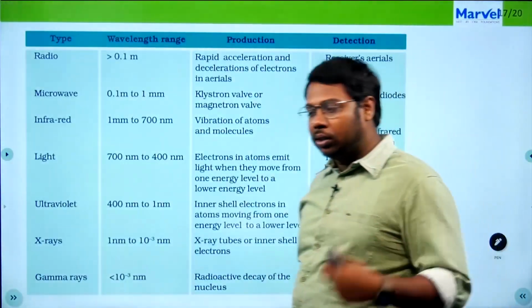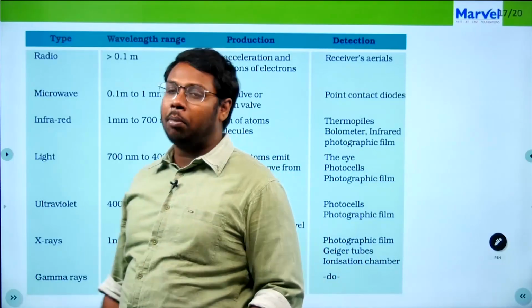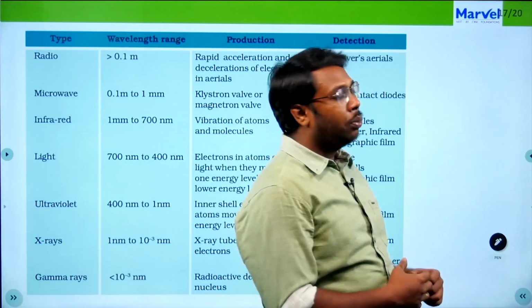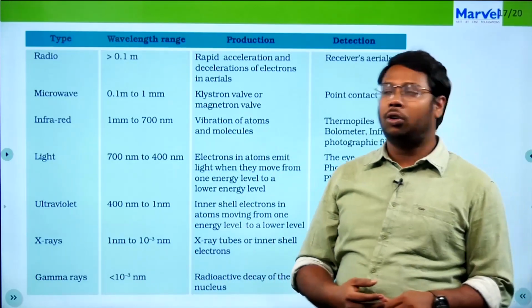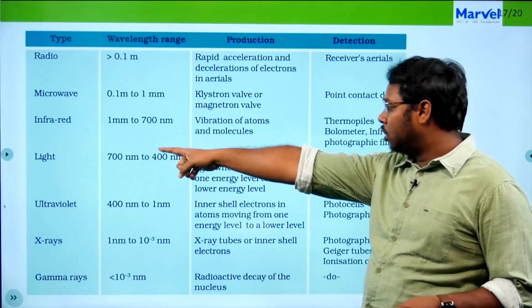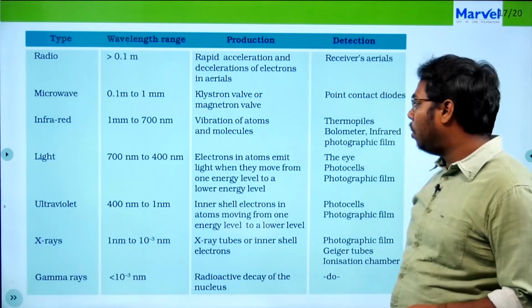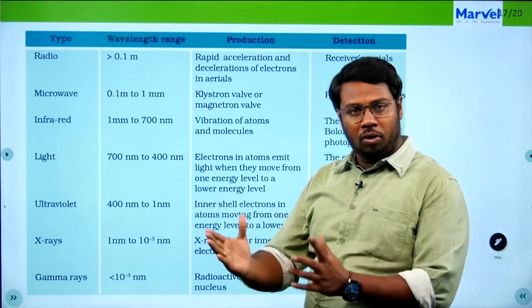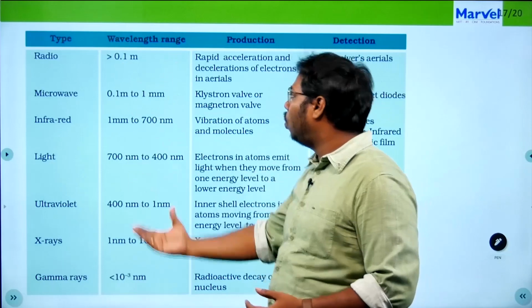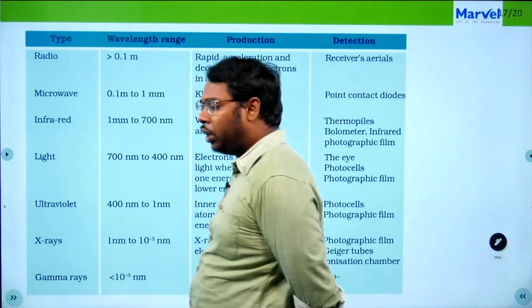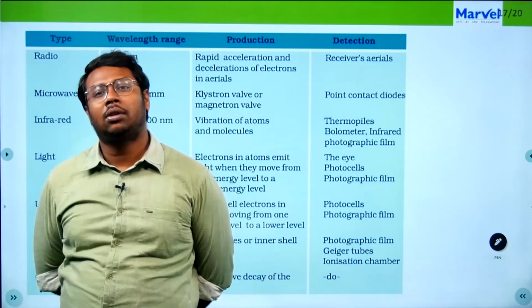Okay, so this is the tabular column that I was talking about, which will give you the range under which the different spectrums fall. You see, radio, microwave, infrared, visible light, ultraviolet, X-ray and gamma rays fall between a few wavelength regions which obviously overlap. So, with this we come to the end of this session.